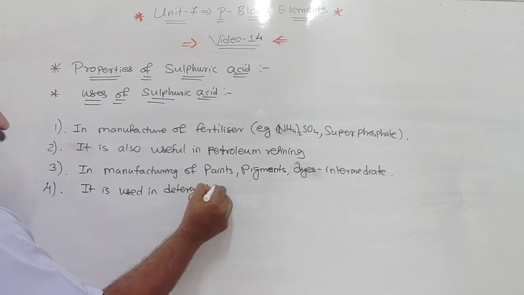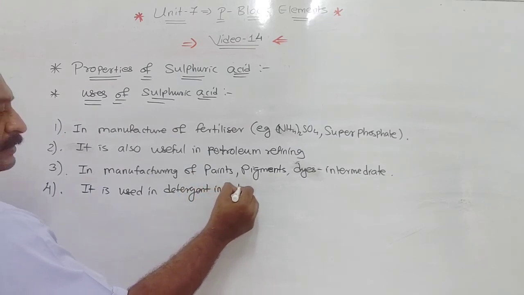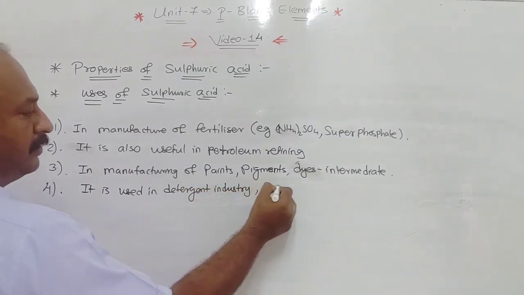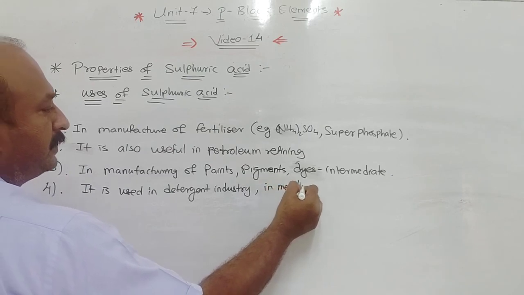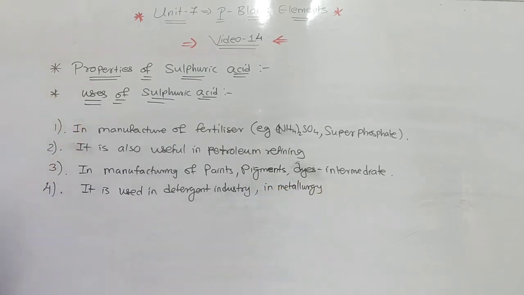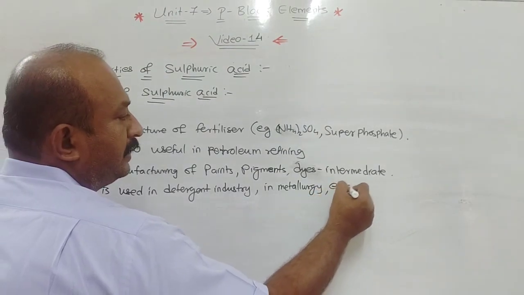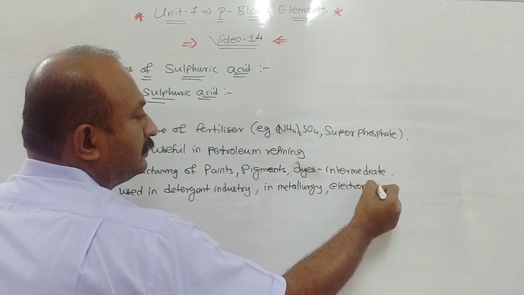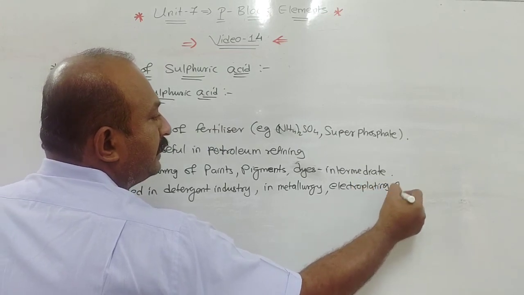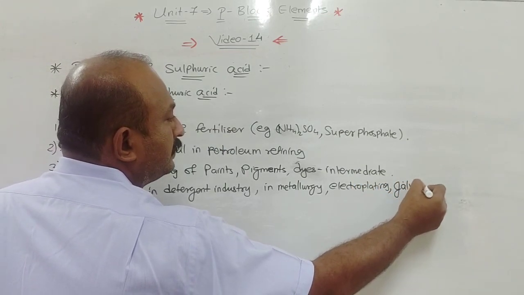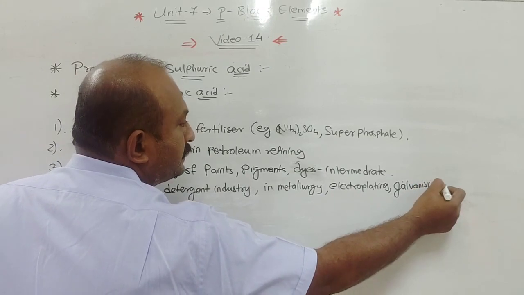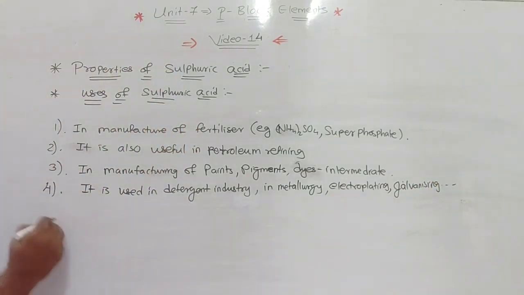Then in metallurgy, where purification of metal is carried out, to clean metal before enameling, then electroplating, galvanizing, zinc, like this.